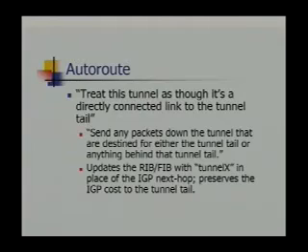Basically, treat this tunnel as though it's a logical, directly connected link all the way to the tunnel tail. So send any packets down the tunnel that would be destined for either the tunnel tail or beyond. And it updates the local router's RIB and FIB with tunnel X in place of the IGP next hop, so that traffic going down the tunnel is now forwarded all the way to the tunnel tail, not just to one hop further based on the TE tunnel.